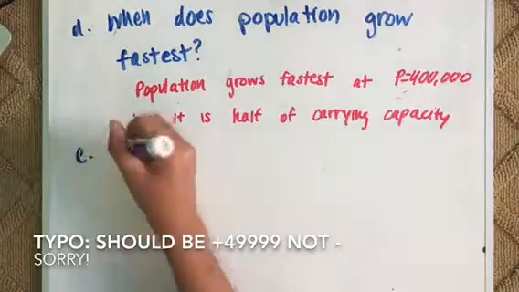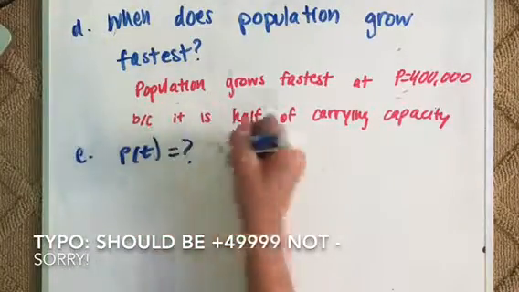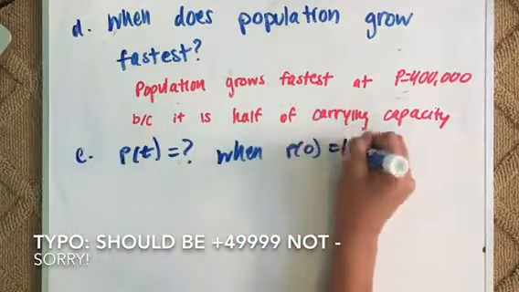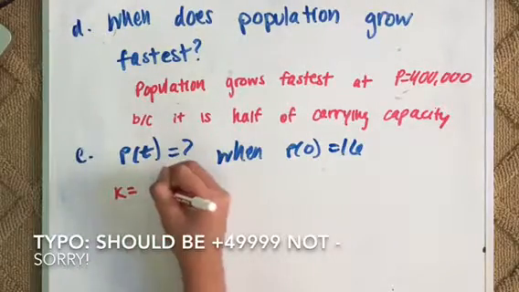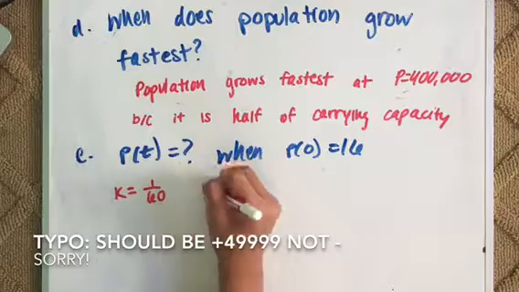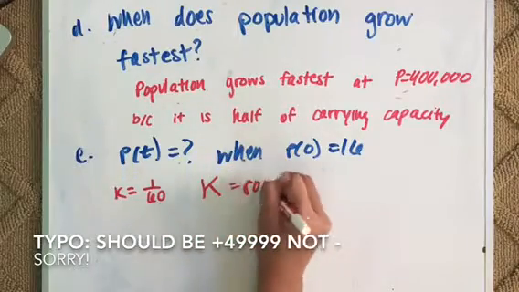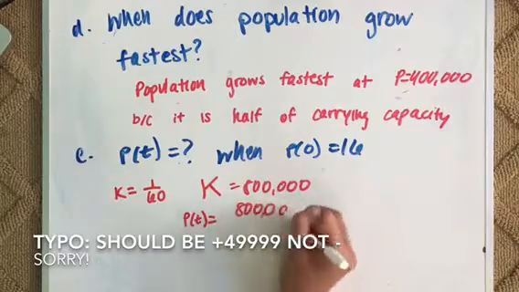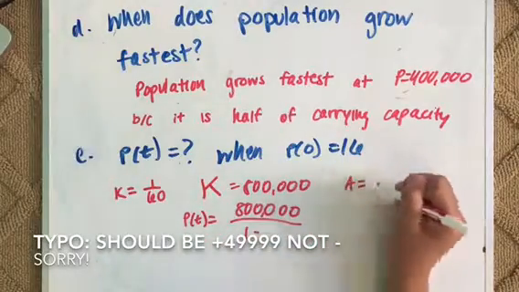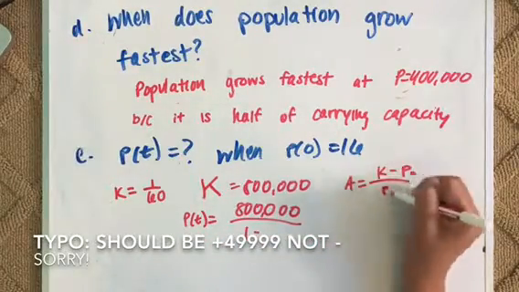For the original equation, find p of t if p of 0 equals 16. So we know p of t equals big K over 1 minus a times e to the power of little k times t. Our big K, which is carrying capacity, we know is 800,000, and little k equals 1 over 60 from our dp/dt equation.